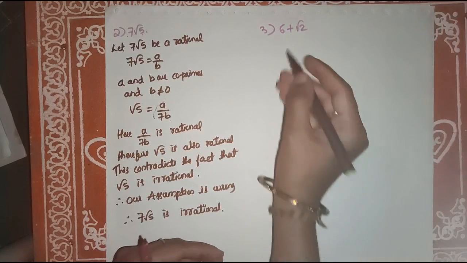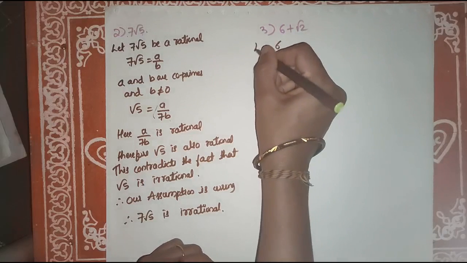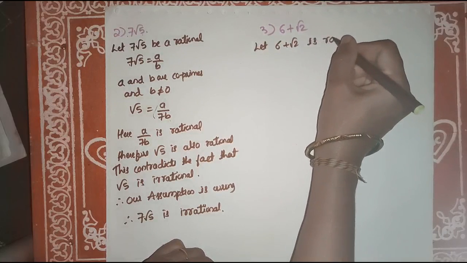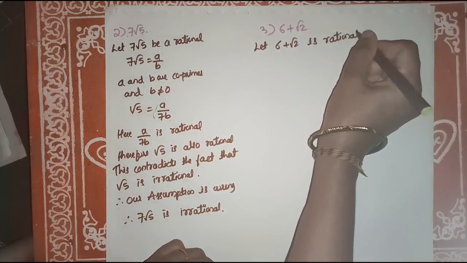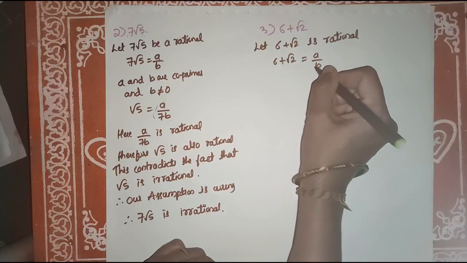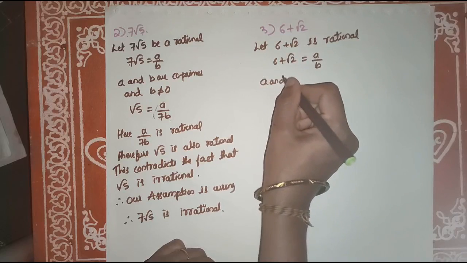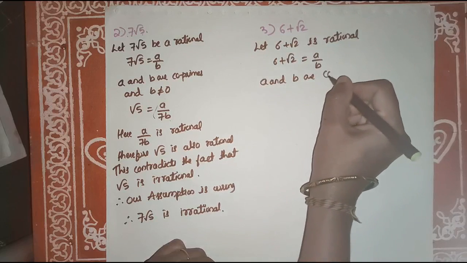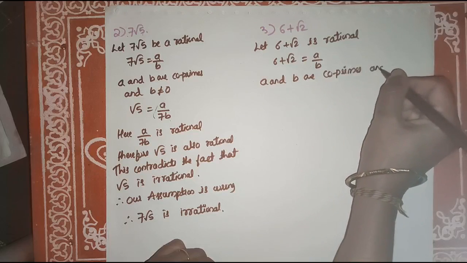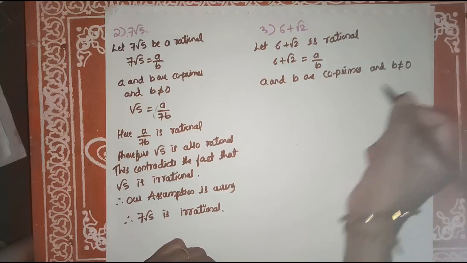The third question: let 6 plus root 2 be rational. It means 6 plus root 2 is equal to a by b, where a and b are co-primes and b is not equal to 0.